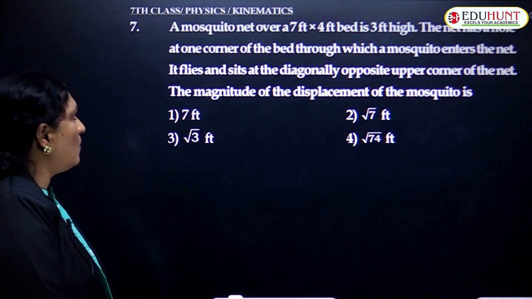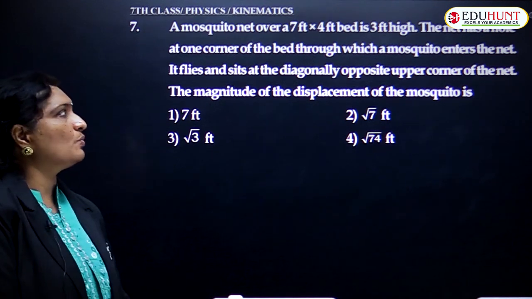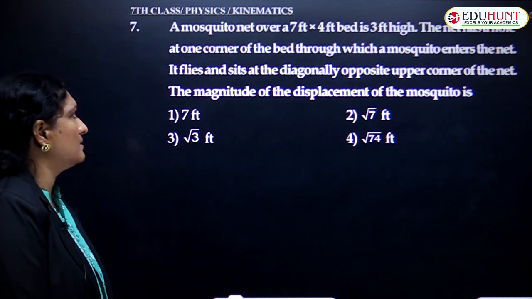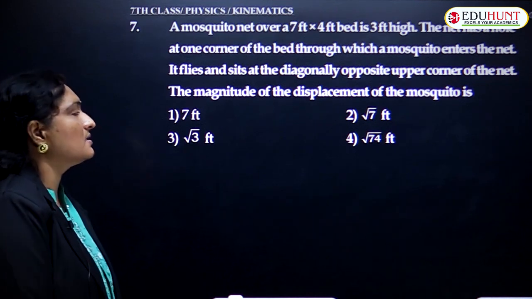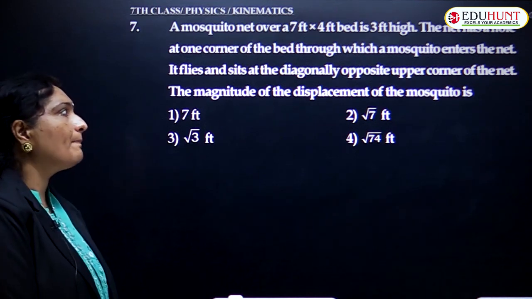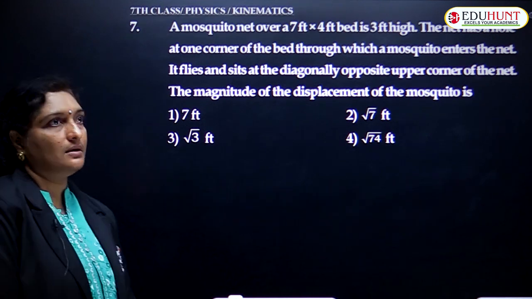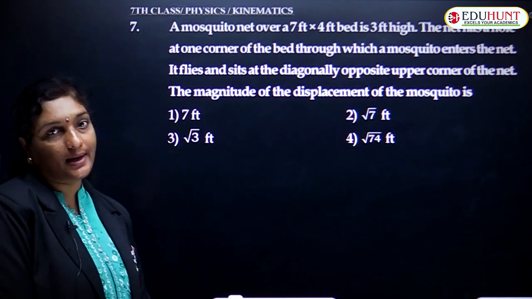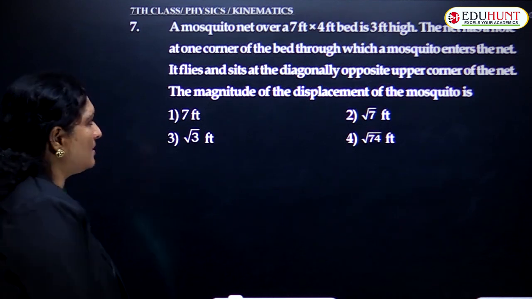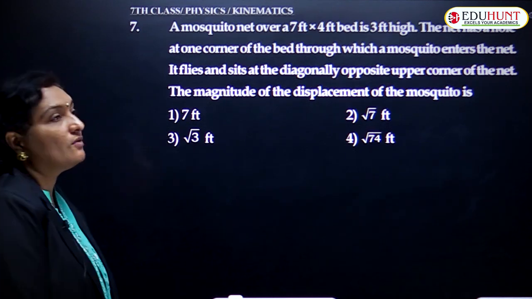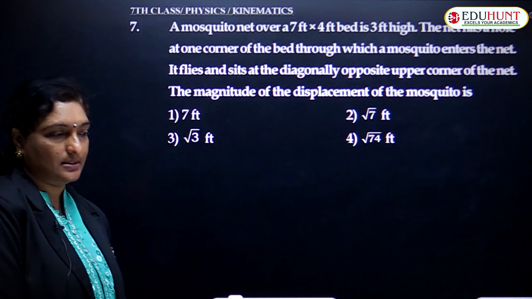The net has a hole at one corner of the bed through which a mosquito enters the net. It flies and sits at diagonally opposite upper corner of the net. Okay, so net will be like a 3D picture. Length is there, breadth is there, as well as height is also there. The magnitude of the displacement of the mosquito is.